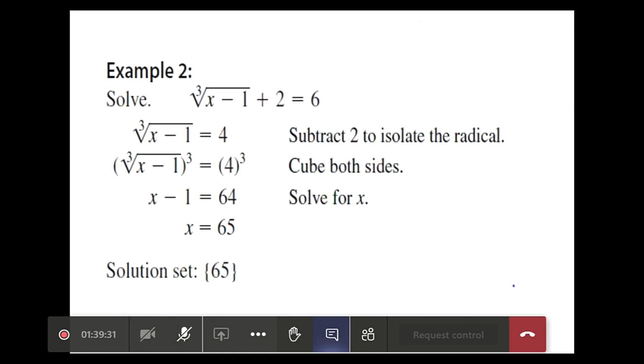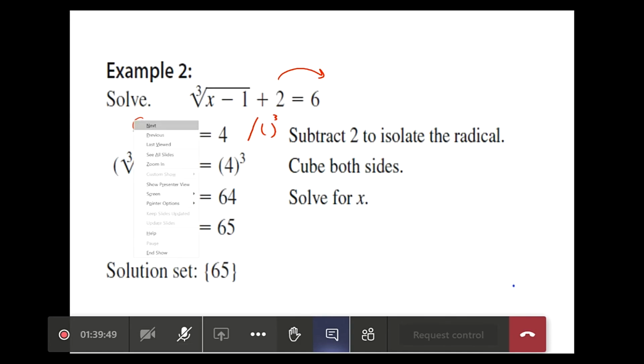Look at this example. We have a number, move it to the right hand side, so we have 6 minus 2 equal 4. Take the cubes for both sides, because we have a radical with index 3.